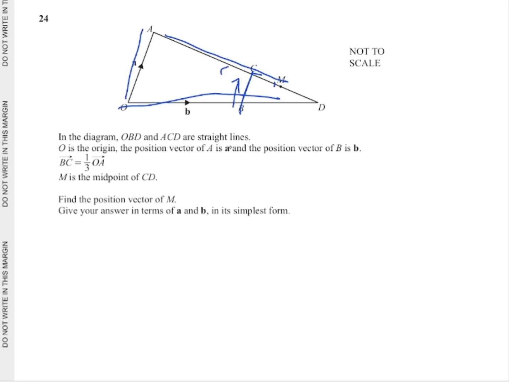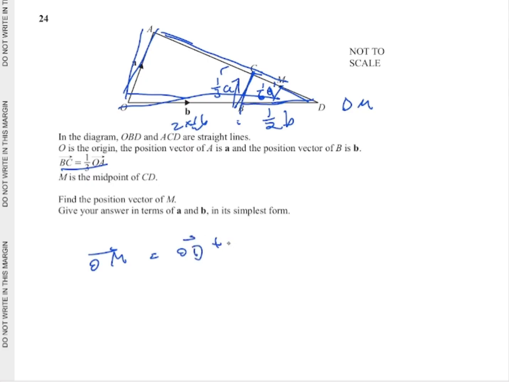So we know that it's in ratio, and we can obviously see that there are 3 similar triangles. So we know that here will be half b, because it's 2 times half b, 1 times half b. And since this is 1/3 a, here will be 1/6 a. So if we want to know DM, because OM is OD plus DM.